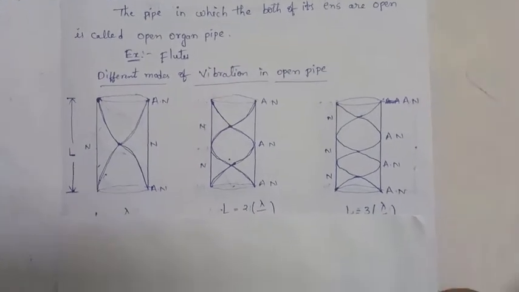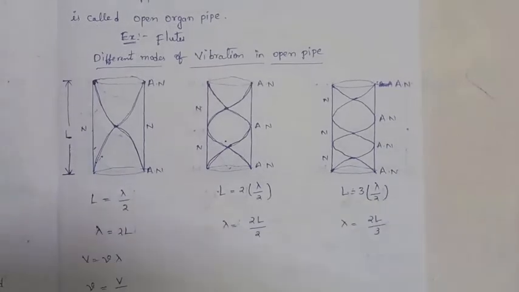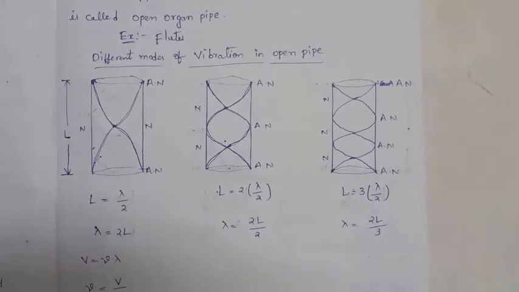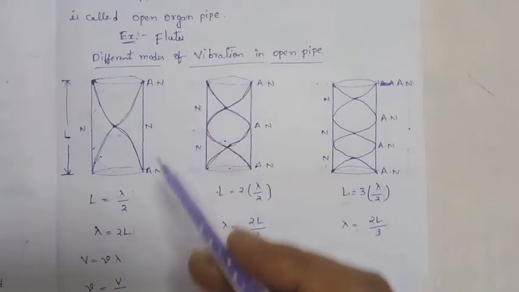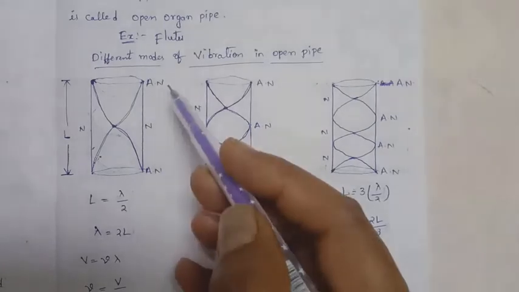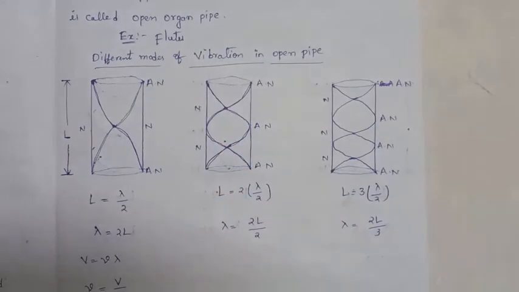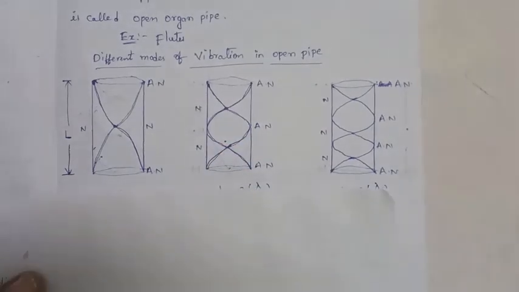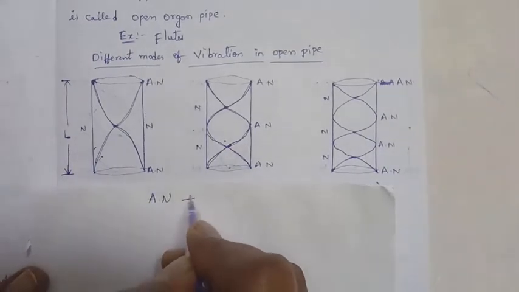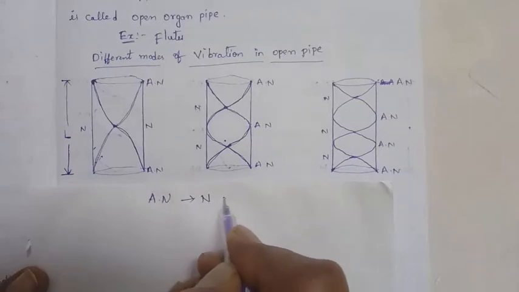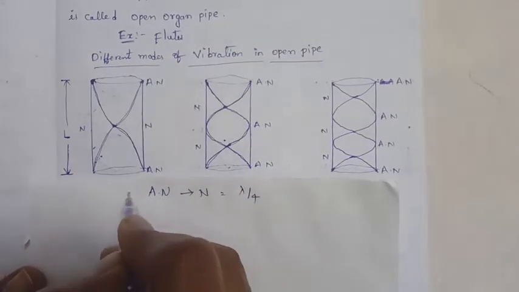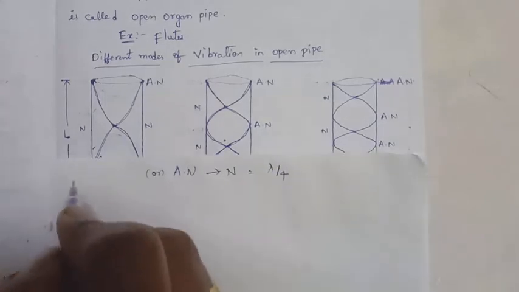Now we will go to the first mode. You can observe this diagram. From antinode to antinode, what is the distance? Lambda by 2. From antinode to node is lambda by 4. You can remember this point: antinode to node is lambda by 4, or node to antinode.